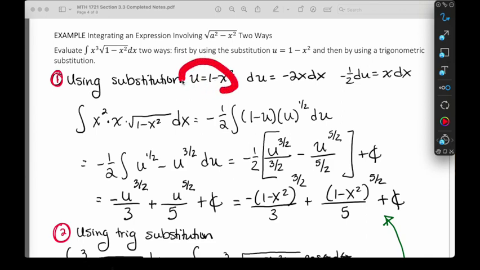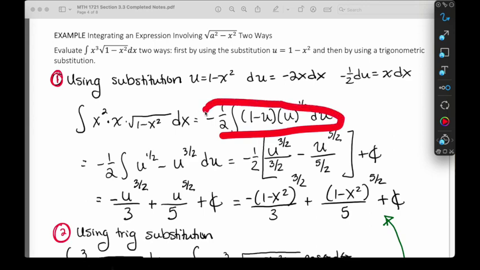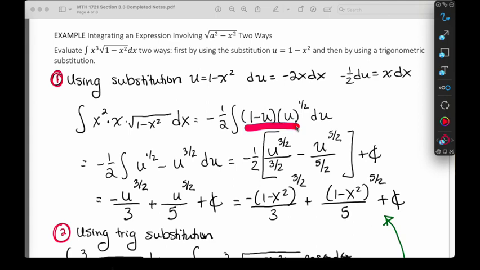So then I can replace x squared with 1 minus u. So now I have everything in terms of u. And I've rewritten this in a way that's easy to integrate because we would just use the power rule. I would first clean it up by distributing this u to the 1/2. And then we can just use the power rule.